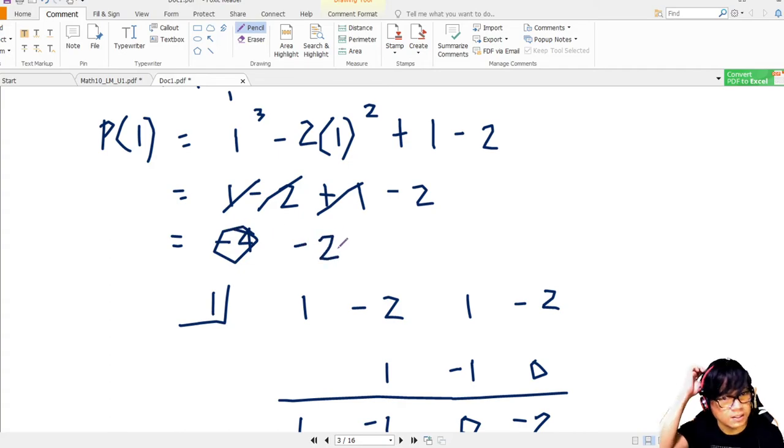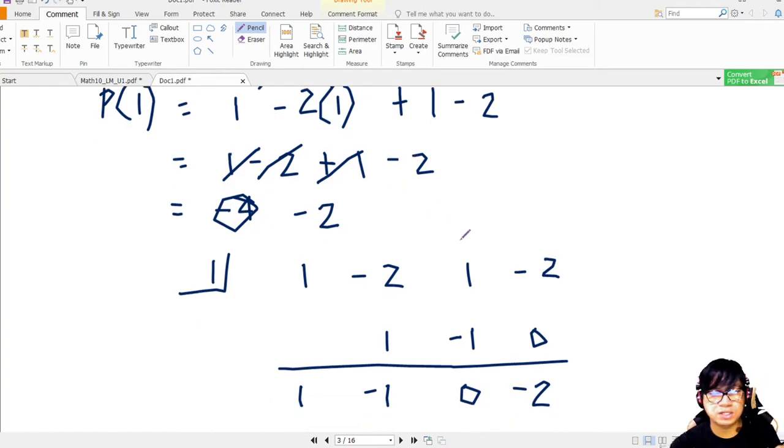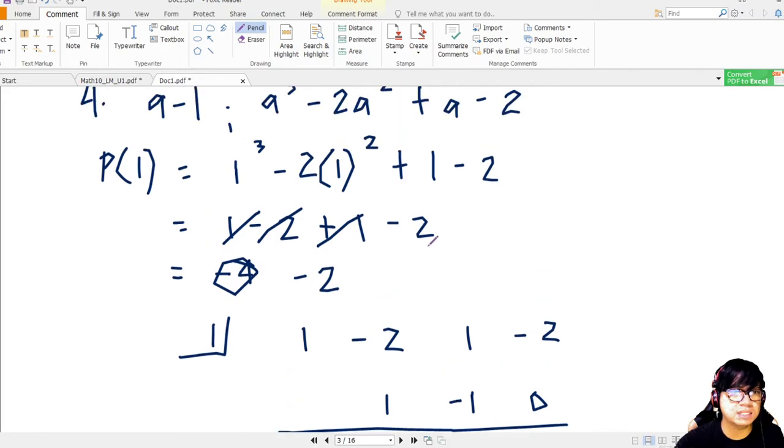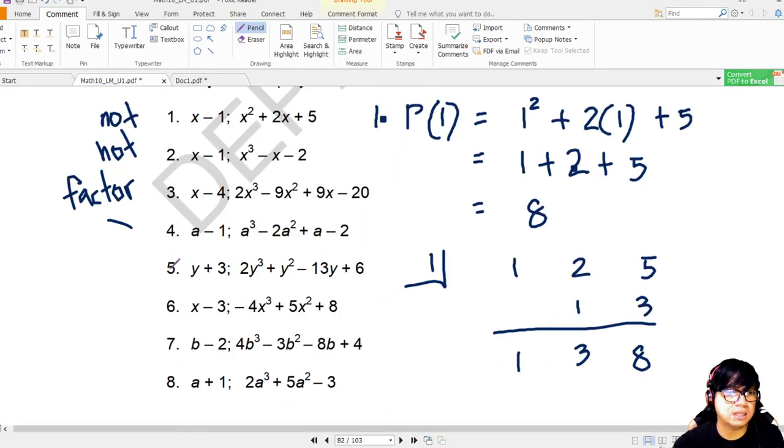Sorry. Or, negative 1 plus 1 kasi ito, di ba? 1 plus 1 is 2. So, isubtract natin yung negative 2 dito. So, 0 na yan. Wala na yan sila lahat. Ayun na lang negative 2. So, yun ang sagot natin. So, the remainder is negative 2. Since the remainder is negative 2, hindi siya 0. So, we can say that a minus 1 is not a factor.